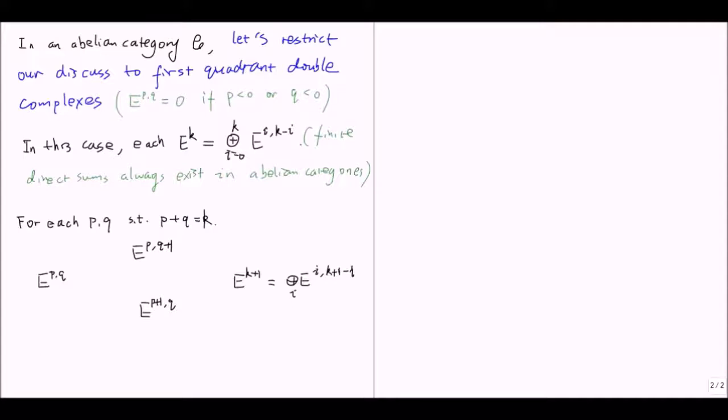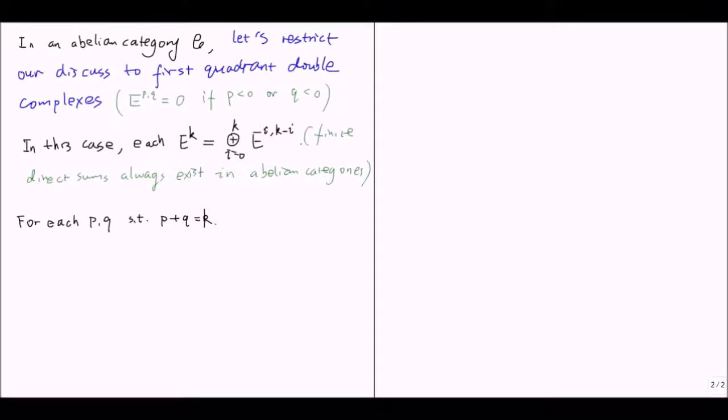There are four arrows connecting them: d-up p,q from E sub p,q to E sub p,q plus 1 and d-right p,q from E sub p,q to E sub p plus 1,q, and iota sub p, q plus 1 from E sub p,q plus 1 to E superscript k plus 1 and iota sub p plus 1, q from E sub p plus 1,q to E superscript k plus 1.